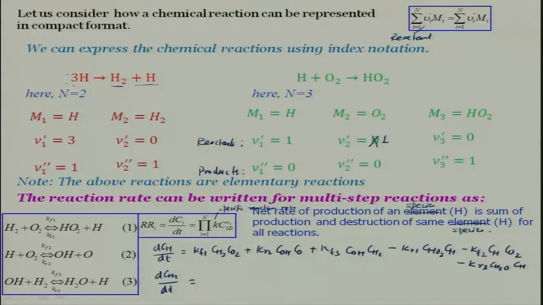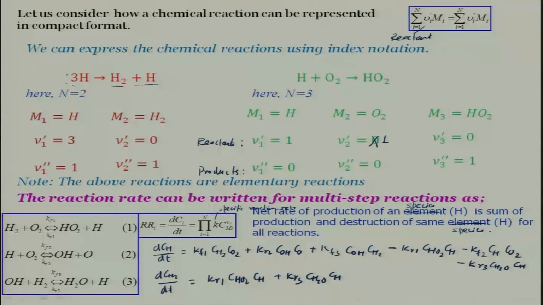So, therefore, I will write Kr1 CHO2 CH, and in reaction 2 hydrogen is not there, so we will not consider it. And in reaction 3, hydrogen is being produced in the reverse direction, so I can write Kr3 CH2O CH.